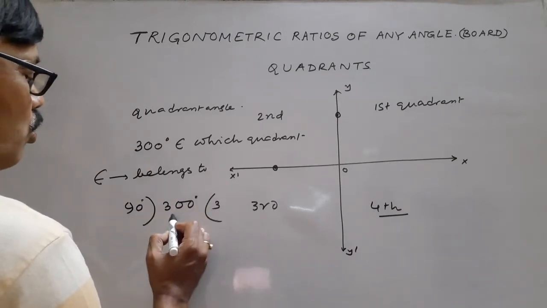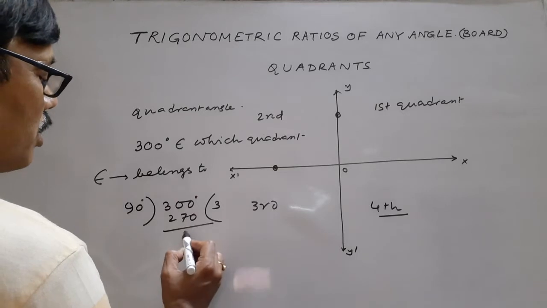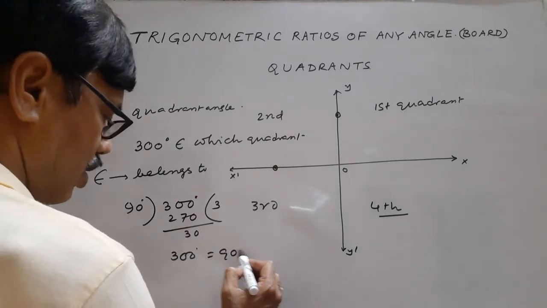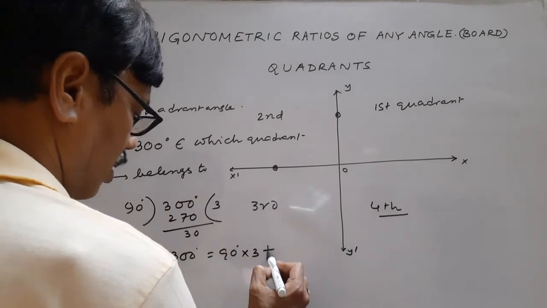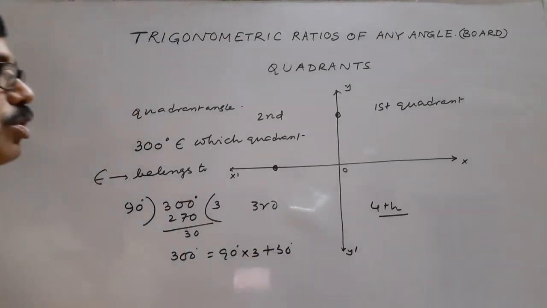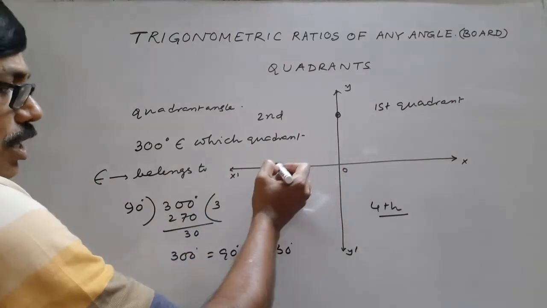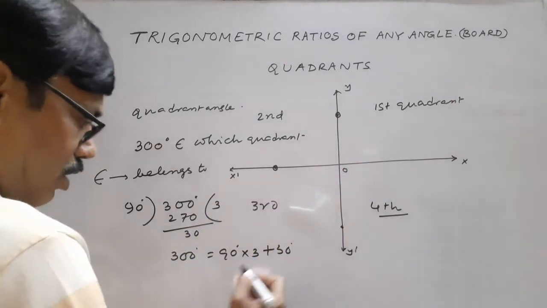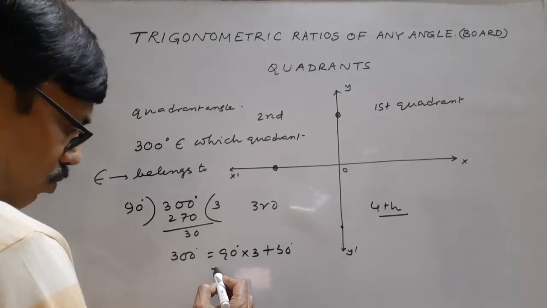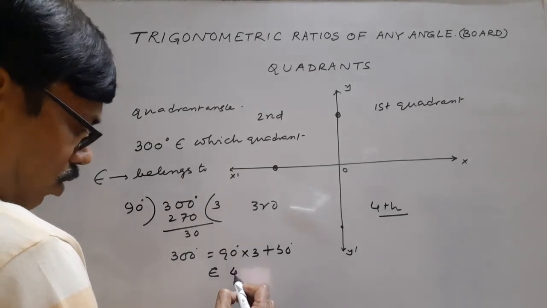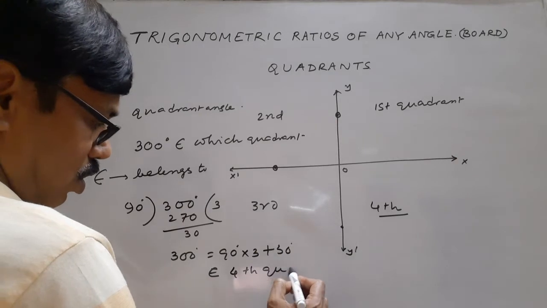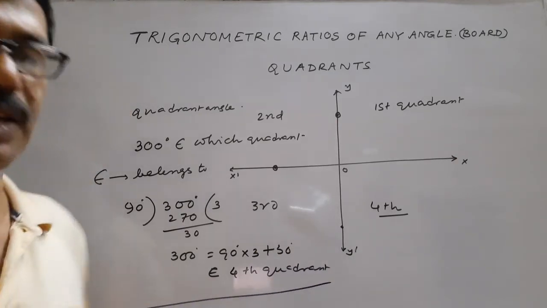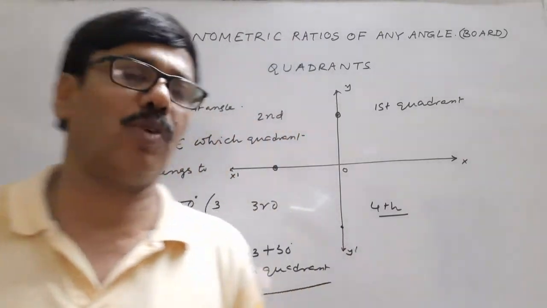So 3 times 90 is 270, and the remainder is 30. So 300 equals 90 into 3 plus 30 degree. So 90 into 1, 90 into 2, 90 into 3 plus. So it is in the fourth quadrant. 300 degree belongs to the fourth quadrant.